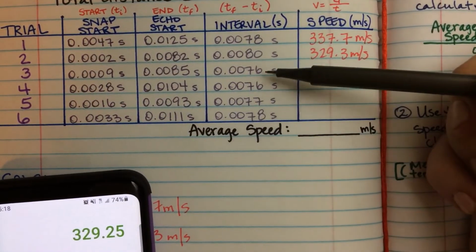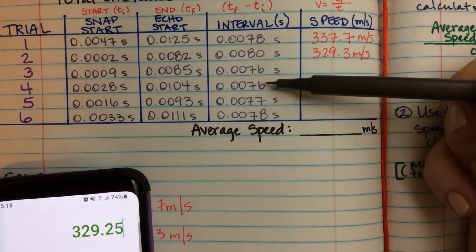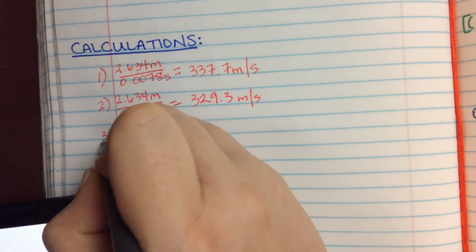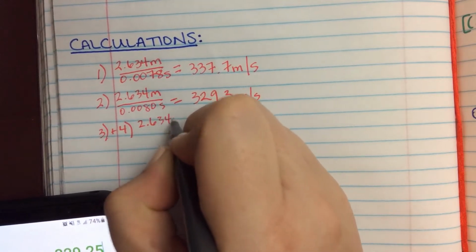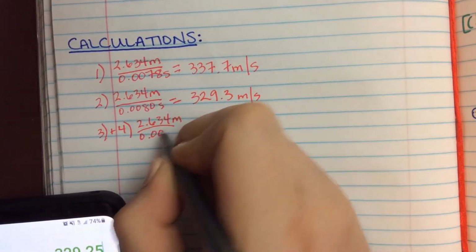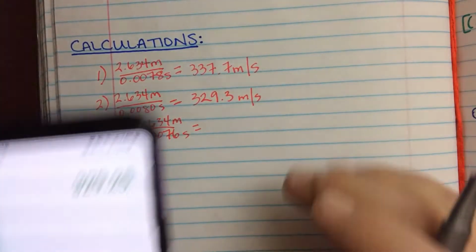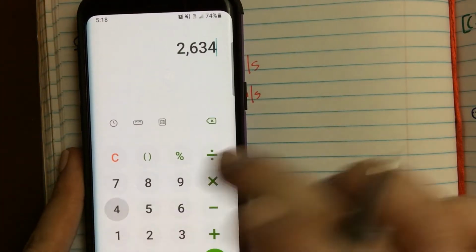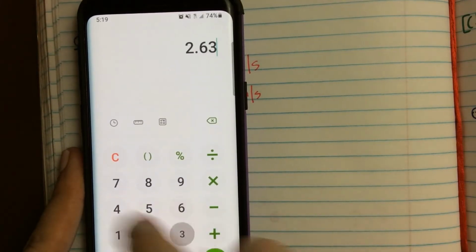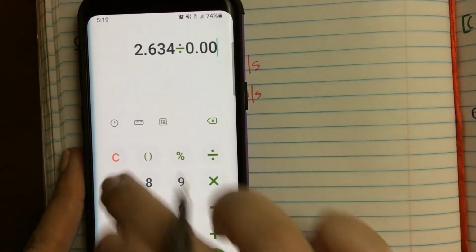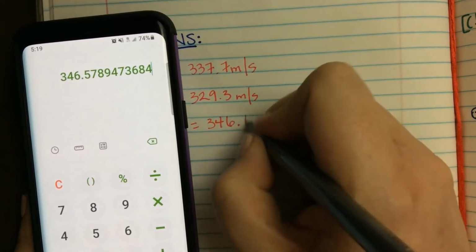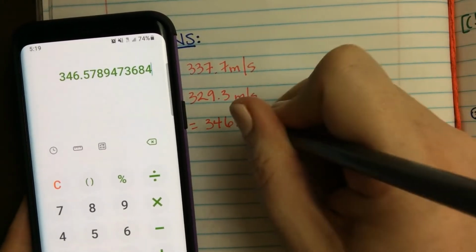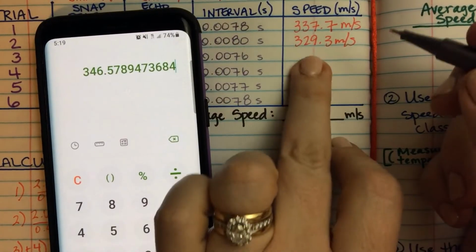And when I look at my chart, I can see that trial 3 and trial 4 had the same time interval. So I don't have to do that calculation twice. I'm just going to say 3 and 4. So my distance, 2.634 meters, divided by my time interval, 2.634 divided by 76 gives me 346.6 meters per second. And I'm going to write that in for trial 3 and trial 4.